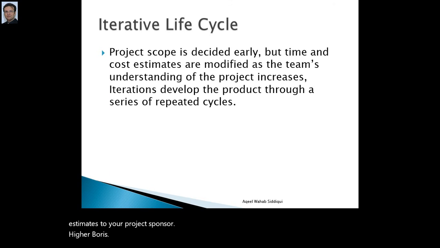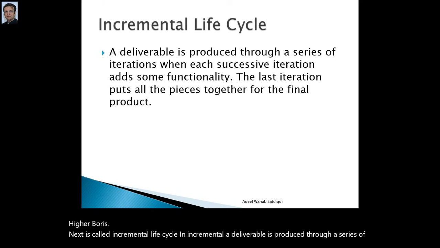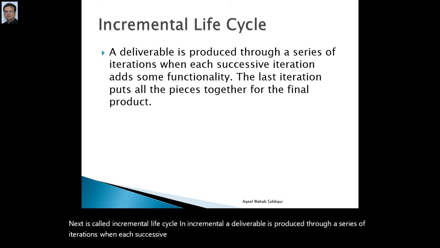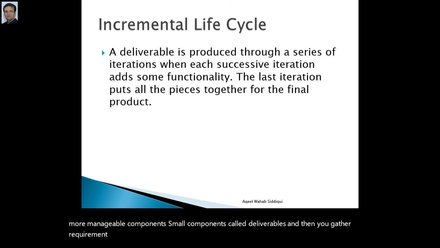Next is called the incremental life cycle. In incremental, a deliverable is produced through a series of iterations where each successive iteration adds some functionality. You divide your large project into more manageable components, small components called deliverables, and then you gather requirements, estimate time, and estimate cost module wise.